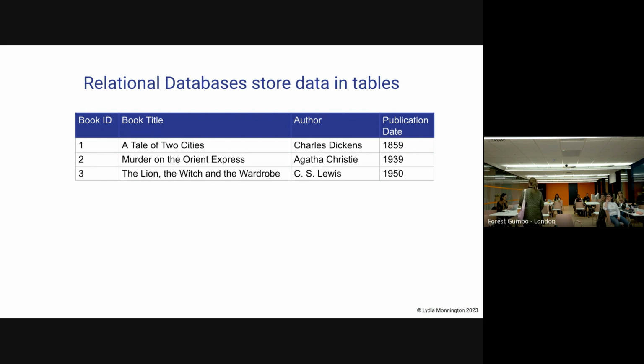You've got the author, and you've got the publication date. One of the things that differentiates database tables from, say, a spreadsheet is that anything in a column has to be the same data type. So, for example, the ID and publication date might be integers, and the titles and the authors might all be strings, but they all have to be the same, and it will cause an error if they're not.